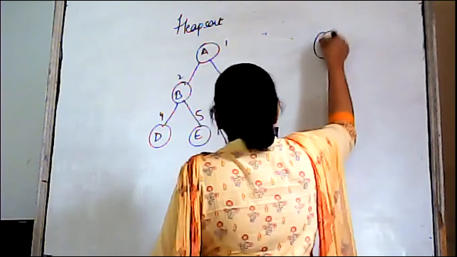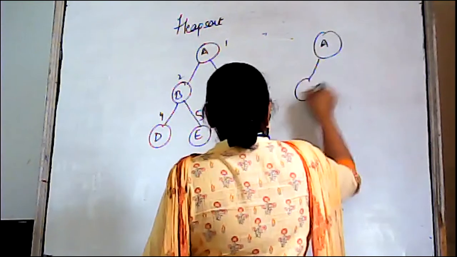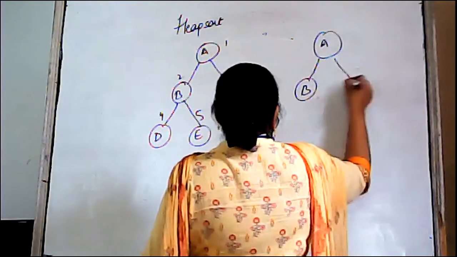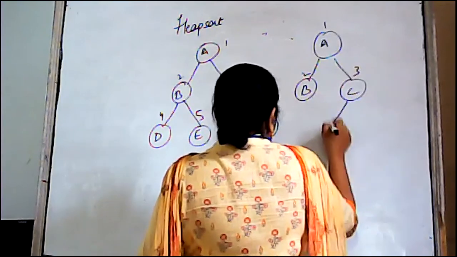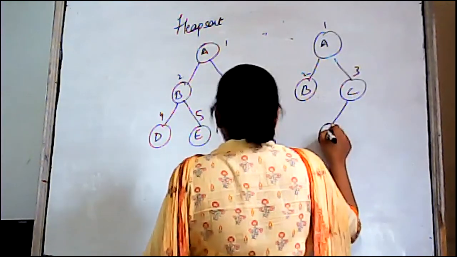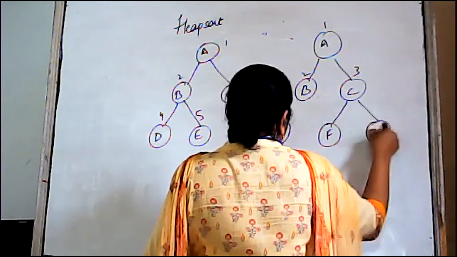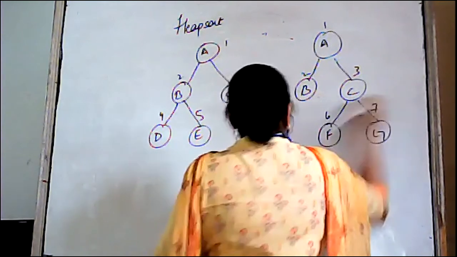Then you have A, B, C, F, and G, and 6 and 7.